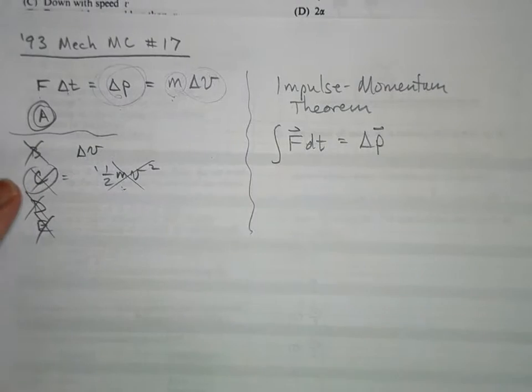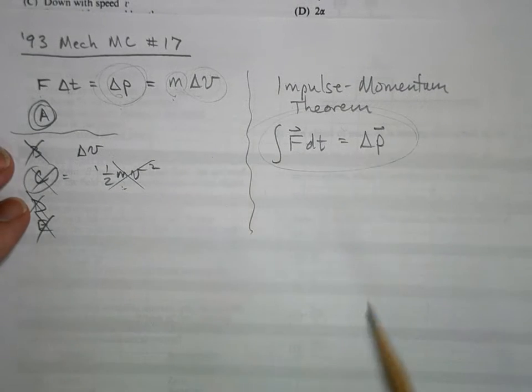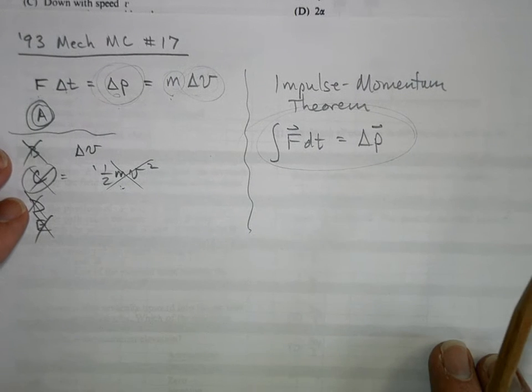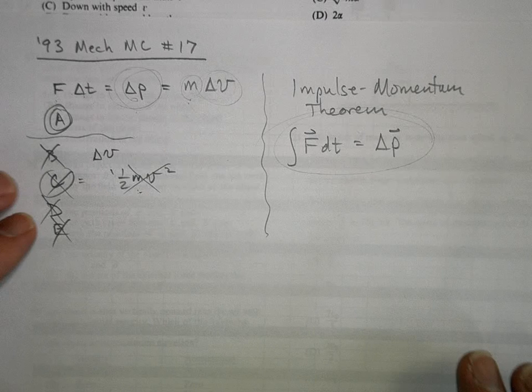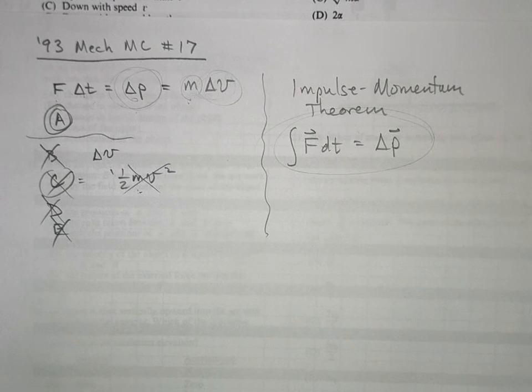Okay, so you need to have this memorized. This is something you need to know for the multiple choice. Any questions on this one? That makes sense? Okay, that is all.